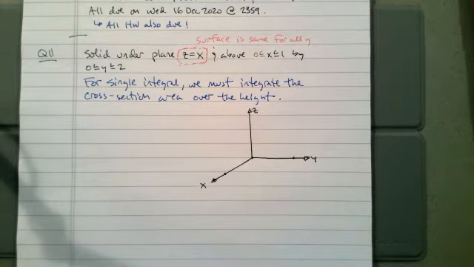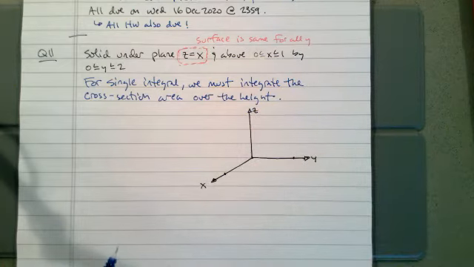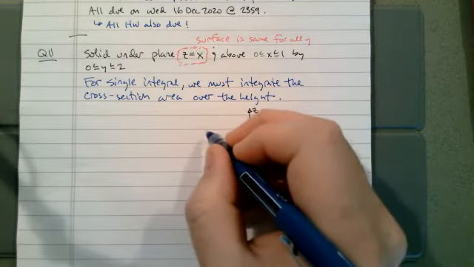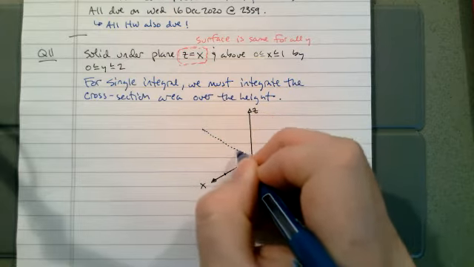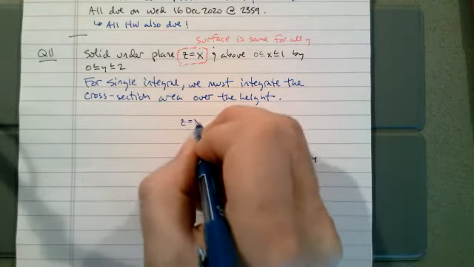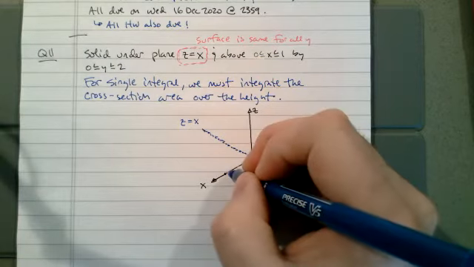So what we need to look at is the graph of z equals x. The graph of z equals x is going to be in the xz plane. Let's look at what happens when y is equal to 0. So we're going to start down here at 0, 0, and we're going to go up at a 45-degree angle. So here's the line z equals x. So that's the line at 45-degree angles in the xz plane. We could drop this down to where x is equal to 1.